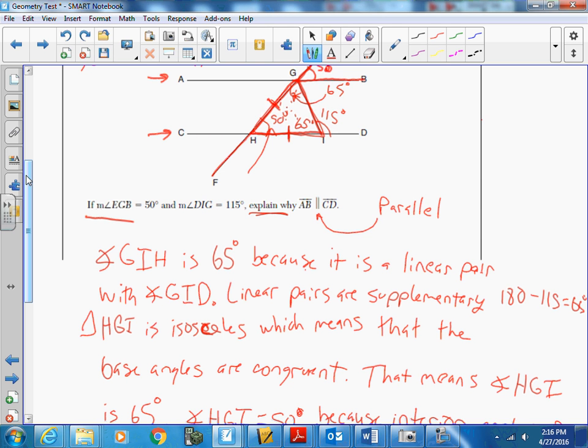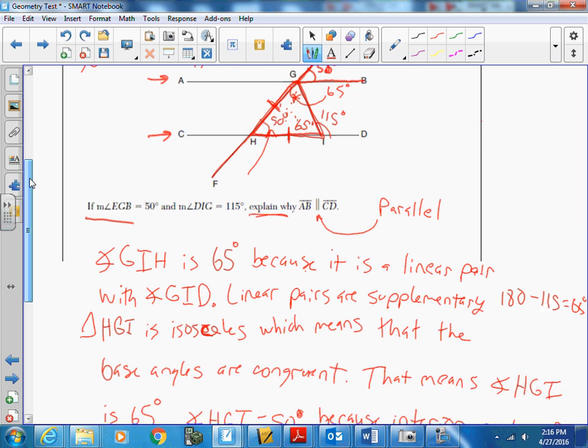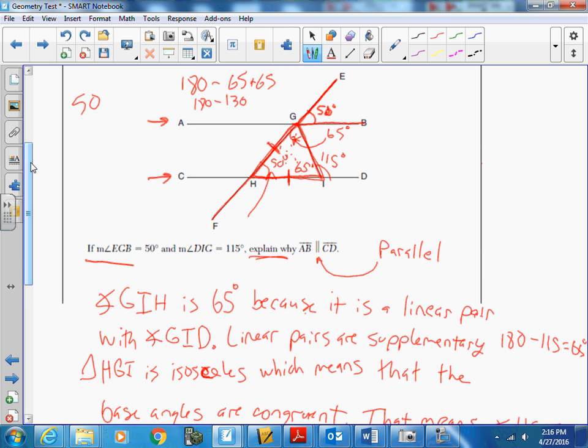We know now that there are two corresponding angles that are both 50 degrees. So what are the two corresponding angles? I'm going to erase some of this stuff now and just look at our corresponding angles. So we just found that this angle is 50 and this angle is 50.